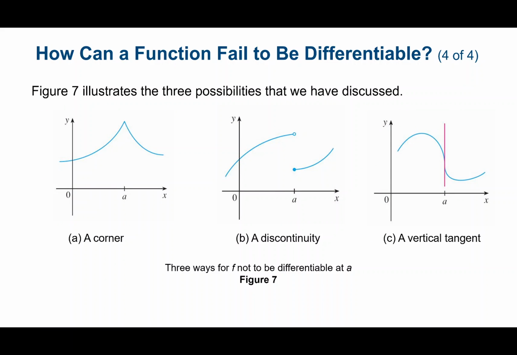Remember we've got the 3 discontinuities, and we've got the hole, or we could have a jump, or we could have a vertical asymptote. So any of those 3 things can cause us to not be differentiable. Or we've got the corner or cusp, but that one I would call a cusp because it's curved, or vertical tangent.